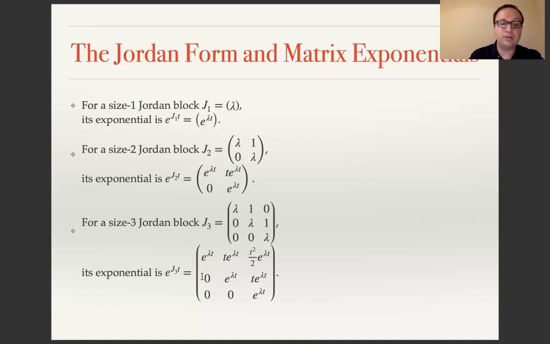It has zeros below the main diagonal. It has e to the lambda t on the main diagonal. It has t e to the lambda t on the diagonal immediately above the main diagonal, so that's the same as for the size 2 Jordan block. And then in the upper right corner, it has t squared over 2 times e to the lambda t.